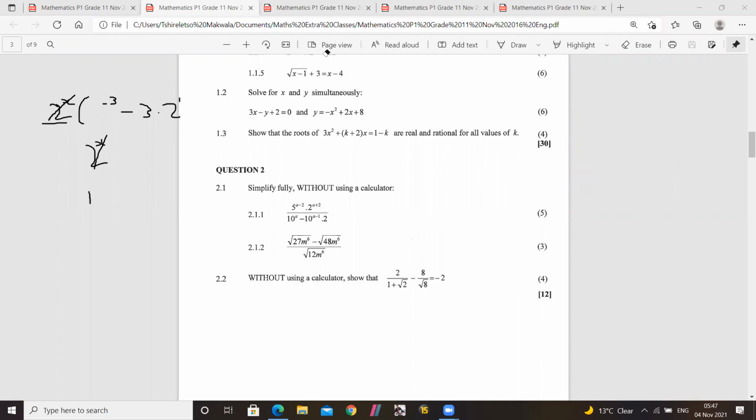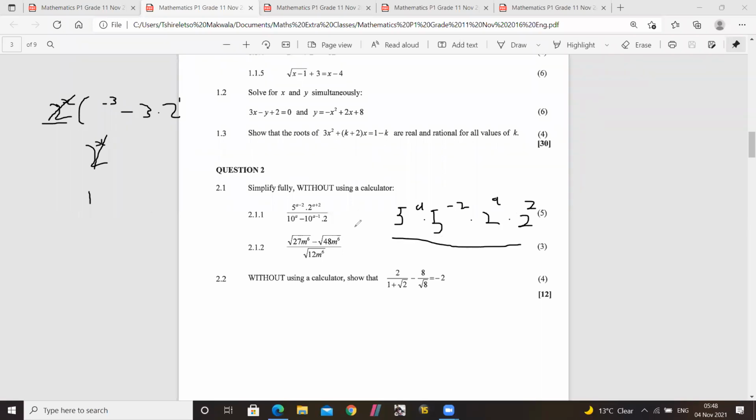Then after taking it out, you're going to say 5 in the numerator: 5a times 5 to the power of negative 2, and times 2a times 2 to the power of 2. So this is how you do it.